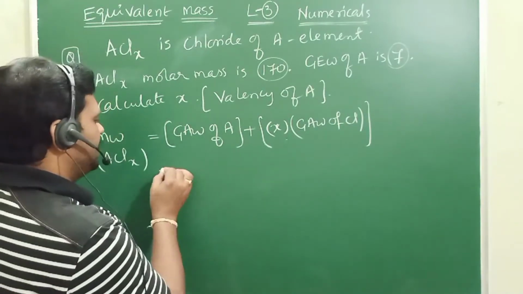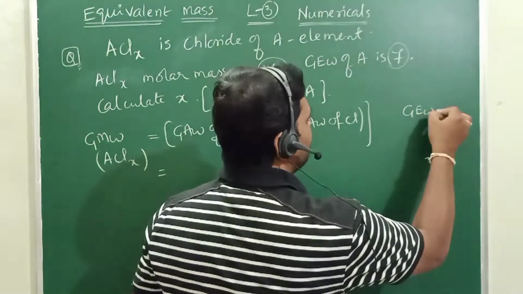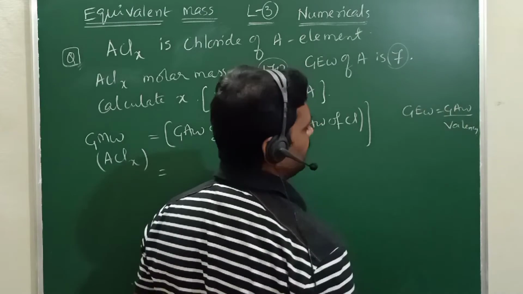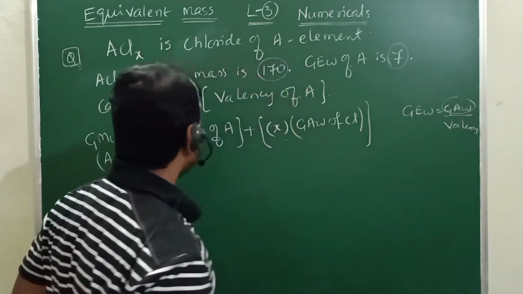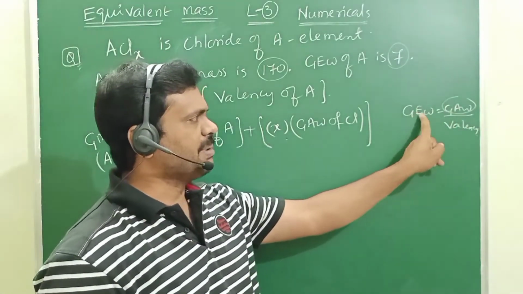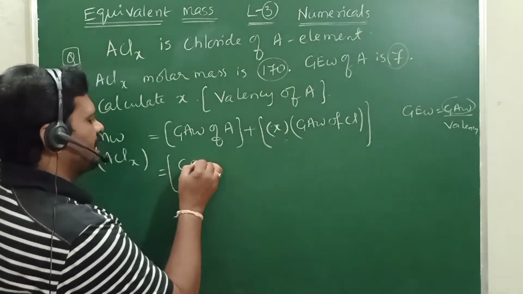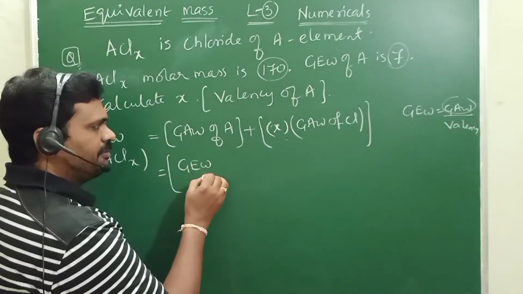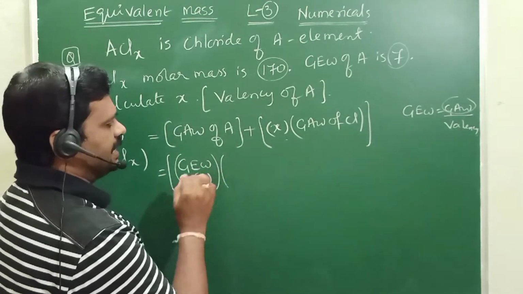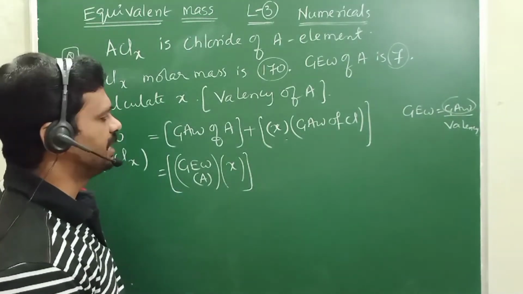Next, we know that gram equivalent weight is equal to gram atomic weight divided by valency factor. So gram atomic weight is equal to gram equivalent weight into valency. So we can write it like this: gram equivalent weight of capital A into its n factor, and X is nothing but its n factor.